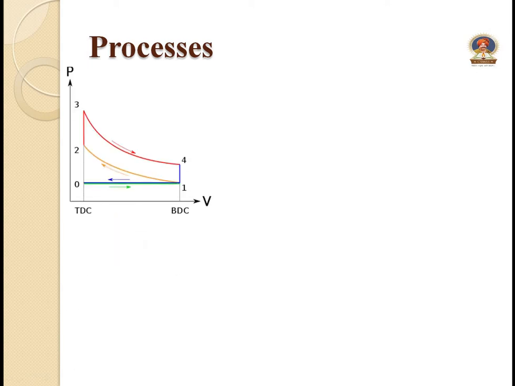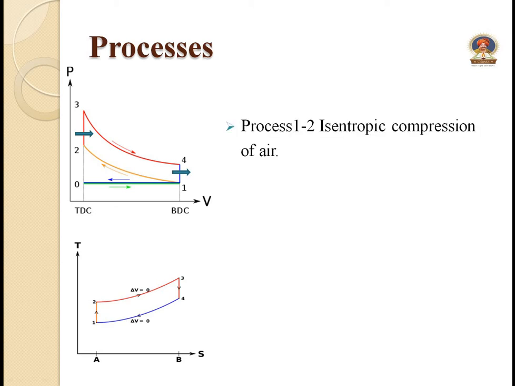So this is the PV diagram of the Otto cycle, and this is the TS diagram of the Otto cycle. Let's discuss the first process, process 1 to 2.